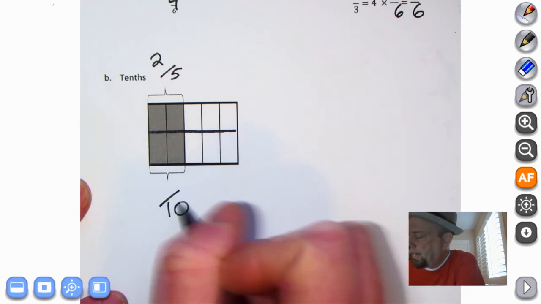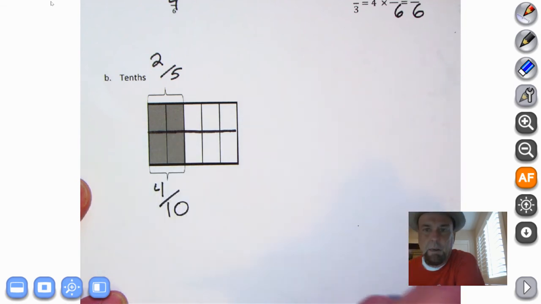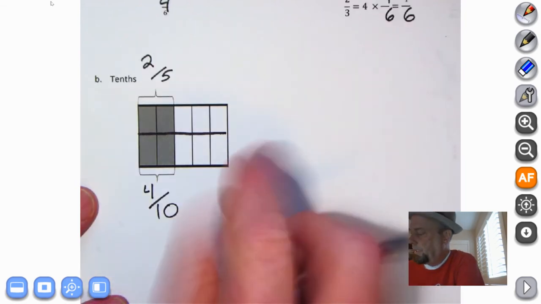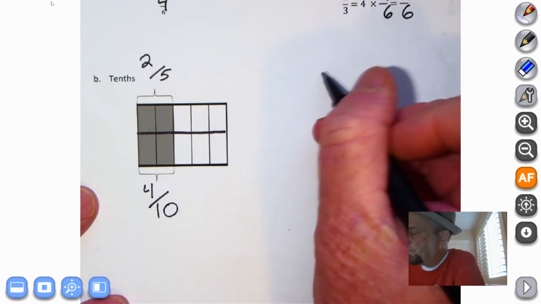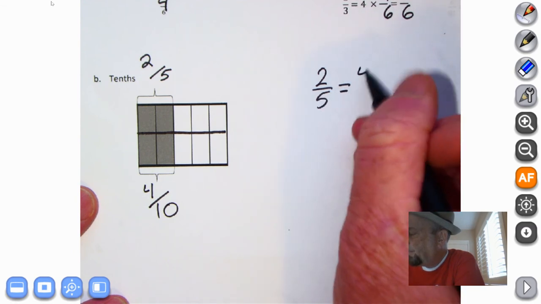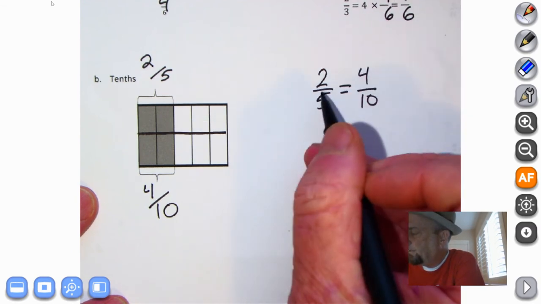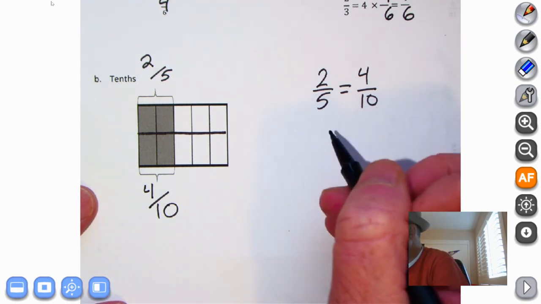How many are shaded now that I've done the cut? 1, 2, 3, 4. 4/10, right? So let's go over here and we can see that 2/5 is indeed equal to 4/10. So I'm going to write 2/5 equals 4/10. And notice this, 2 times 2 is 4, 5 times 2 is 10. That might come into play later on.